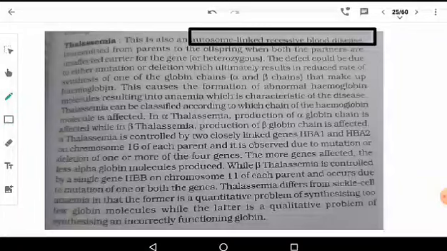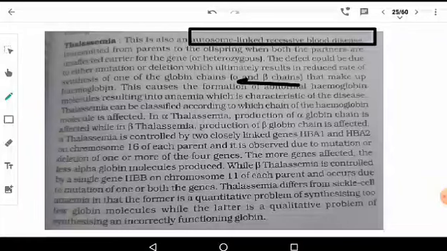Now, we have two such globin chains. One is known as alpha chain and another is known as beta chain. And here the length of both the alpha and beta chains are going to be different in two types of thalassemia. In alpha thalassemia, the production of alpha globin chain is affected, whereas in beta thalassemia, the production of beta globin chain is going to be affected.